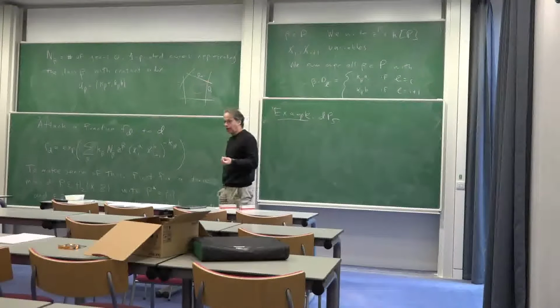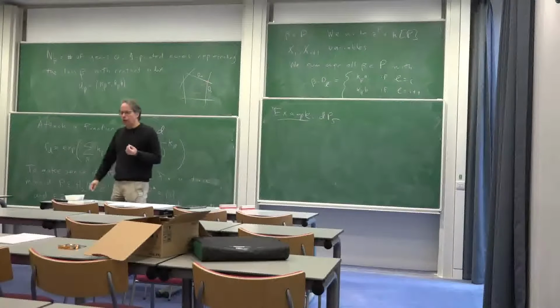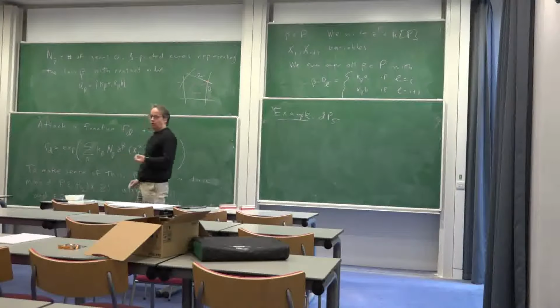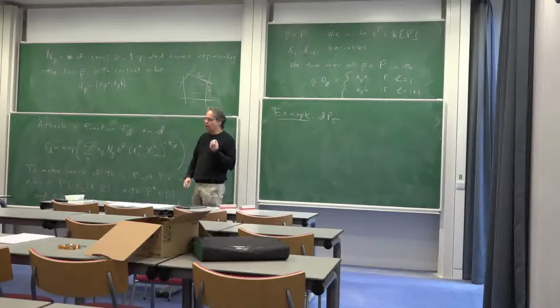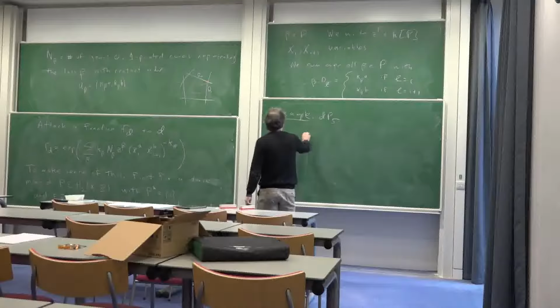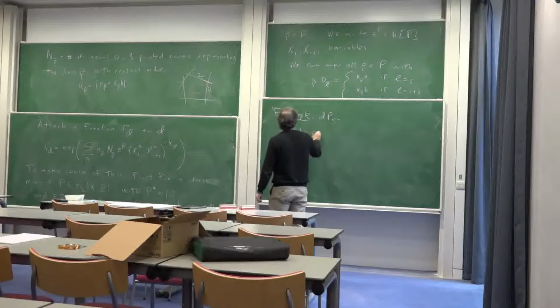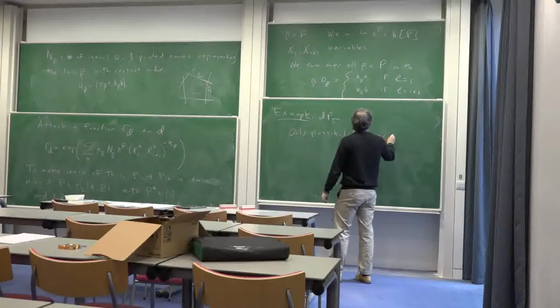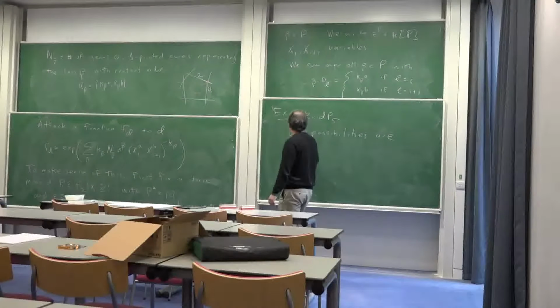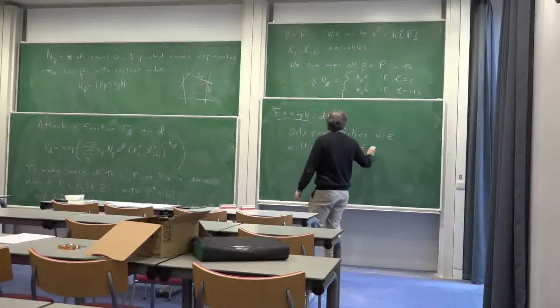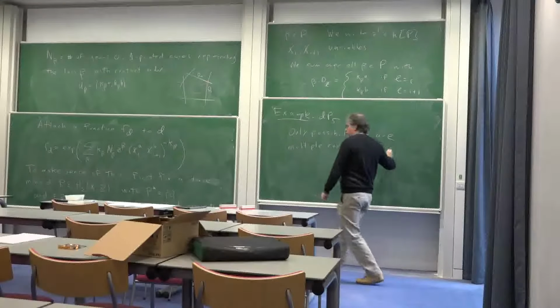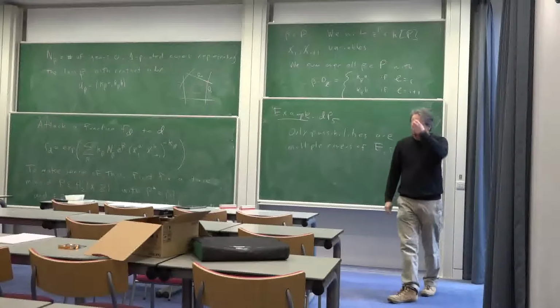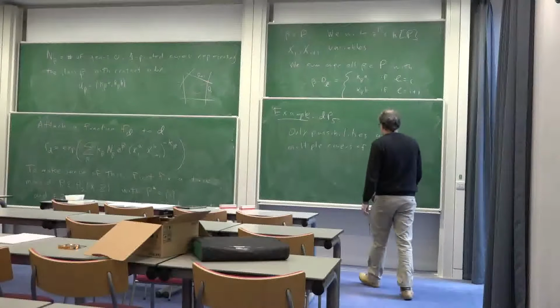It turns out that the only possible way of getting such a curve in dp5 is to look at multiple covers of those EIs I showed you. Only possibilities are multiple covers of the EI. Okay, it's not immediately obvious, but you can prove that.